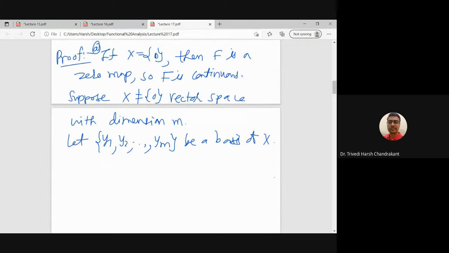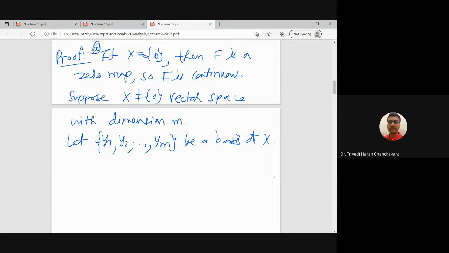Now we want to show that f is a continuous function. We have already noted that to check a linear function is continuous, we only need to check that it is continuous at the origin.